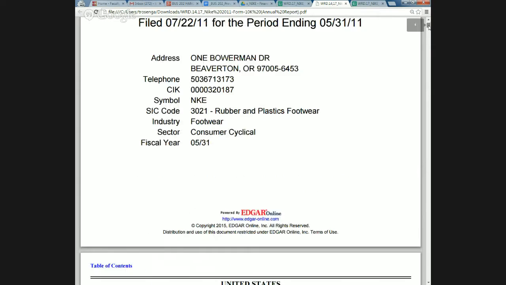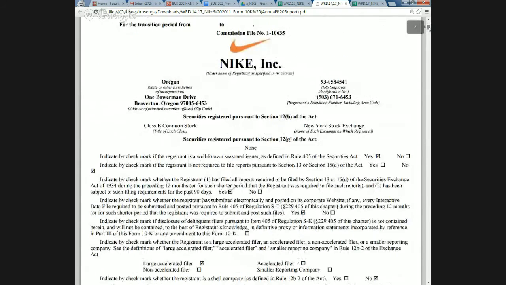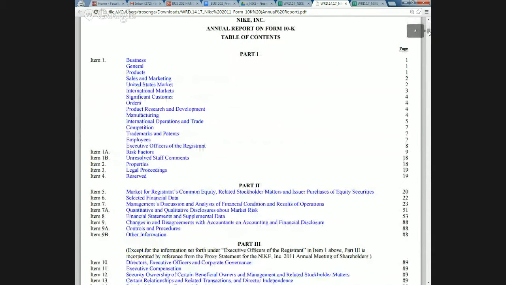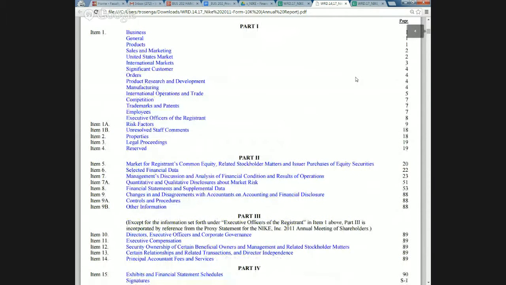Now, most of the annual reports that go to the SEC do have a table of contents like you see right here. And the annual report is a fairly lengthy document. The first item that your textbook mentions is the management discussion and analysis, and that's on page 23. So let's just take a look at that.